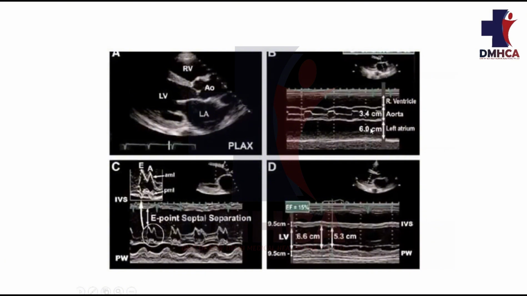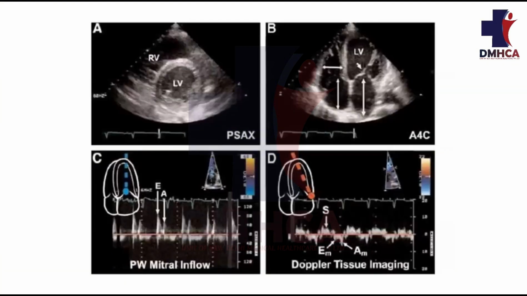This is the M mode cut, two chamber with the parasternal view. And this is again M mode where you see the EPSS and the LV is dilated. So this diagram clearly shows that the patient has dilated cardiomyopathy. Again, the RV is dilated, LV is dilated.